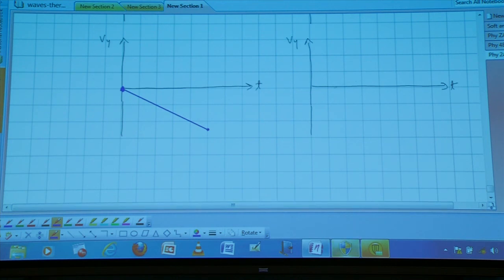How about object 2? Starts out at 0 y velocity, ends up some negative value. Should be the same value, right? Should look identical to the first one. Their y motions are exactly the same.